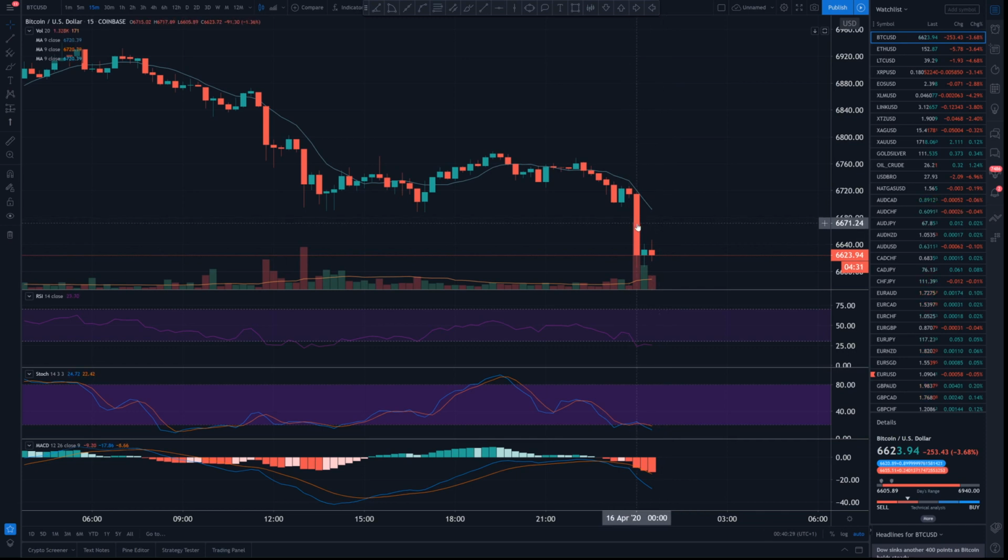If we would like to see the exact price, to the penny if this is Bitcoin, we can go up here to the candle information.